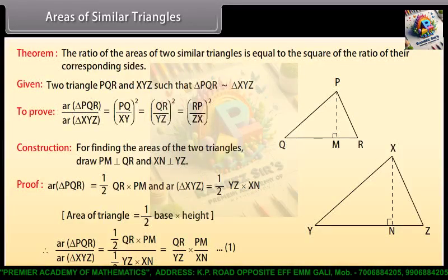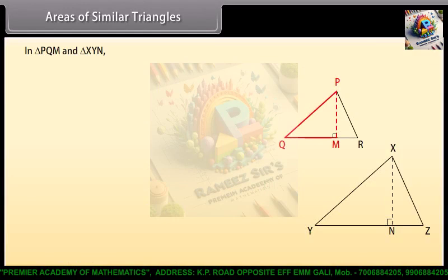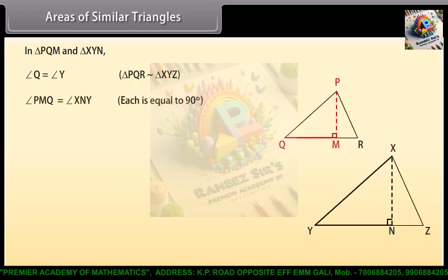Mark it as 1. In triangle PQM and XYN, angle Q is equal to angle Y, as triangle PQR is similar to triangle XYZ. Angle PMQ equals angle XNY, each angle is equal to 90 degrees.